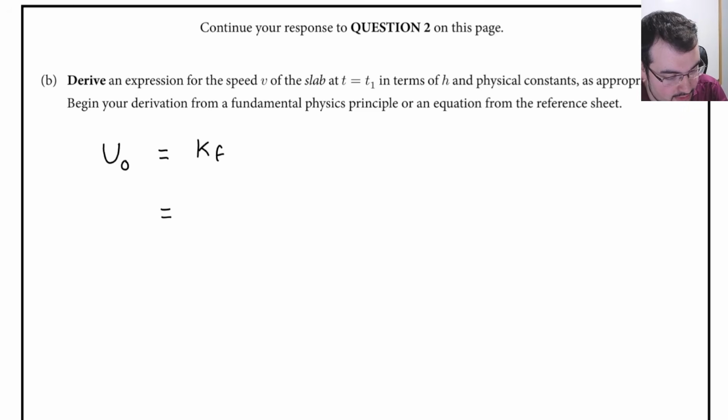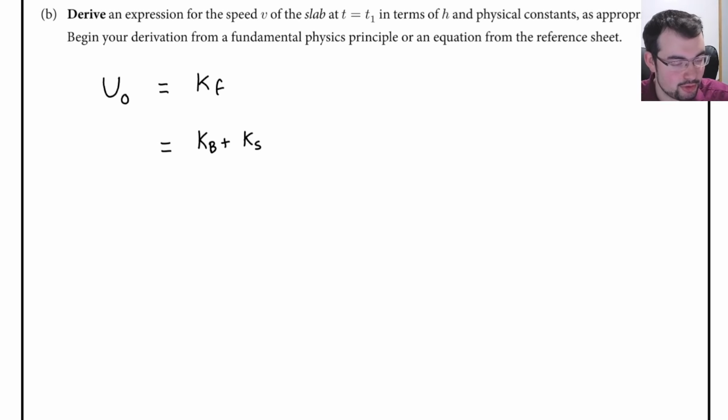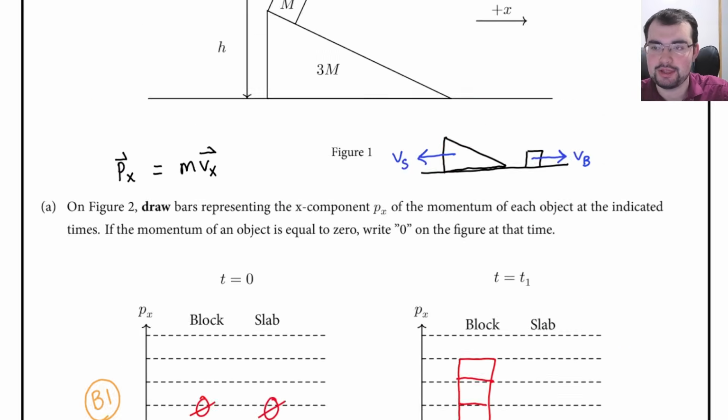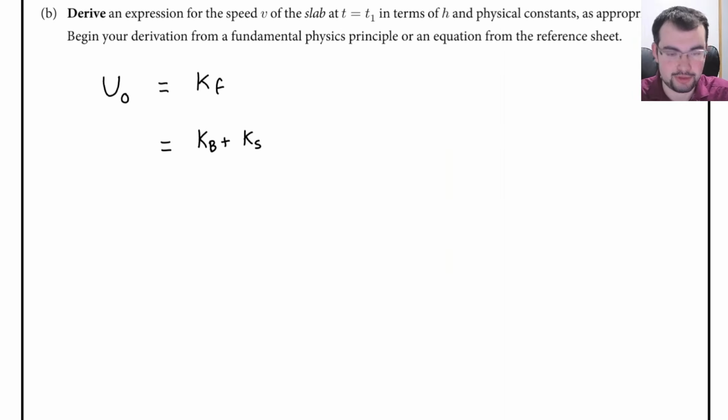But actually, we have to be a bit careful because it's not just one object, it's actually two objects sharing the energy. The block and the slab both share the energy. So what is the U term? Well, the only thing that's losing height is the block. So my gravitational term is just going to be mgh.